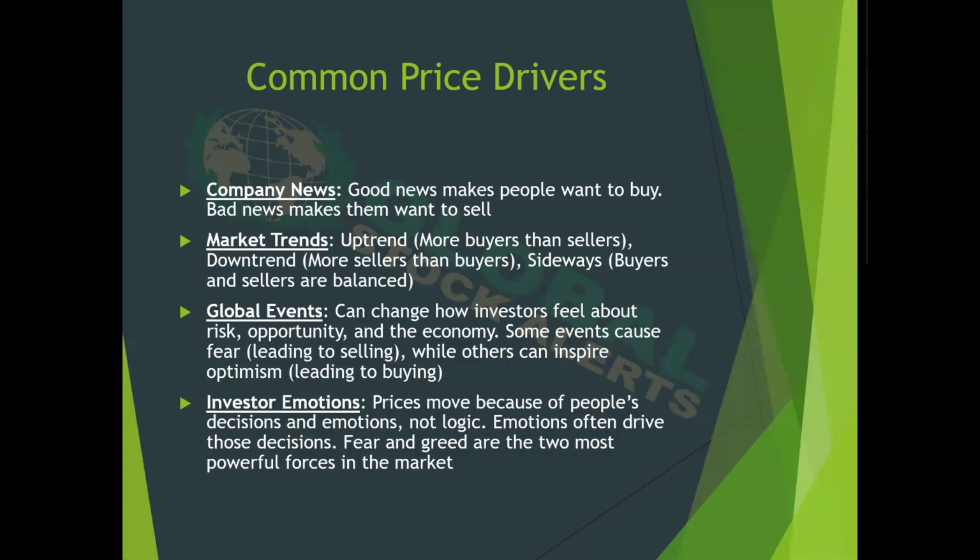I'm not talking about an uptrend for 15 minutes. I'm talking about an uptrend for the last year, 6 months or something like that. That means for that period of time, that stock has had more buyers in it than sellers, and for a downtrend, the opposite, it has more sellers than buyers.